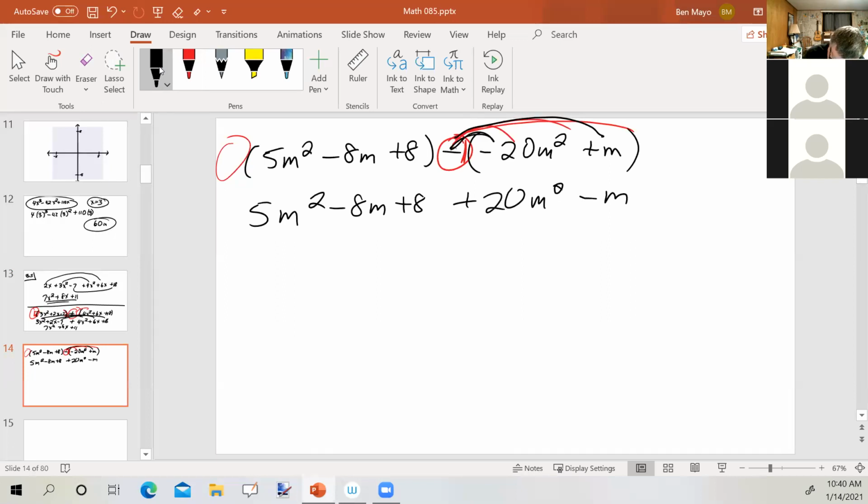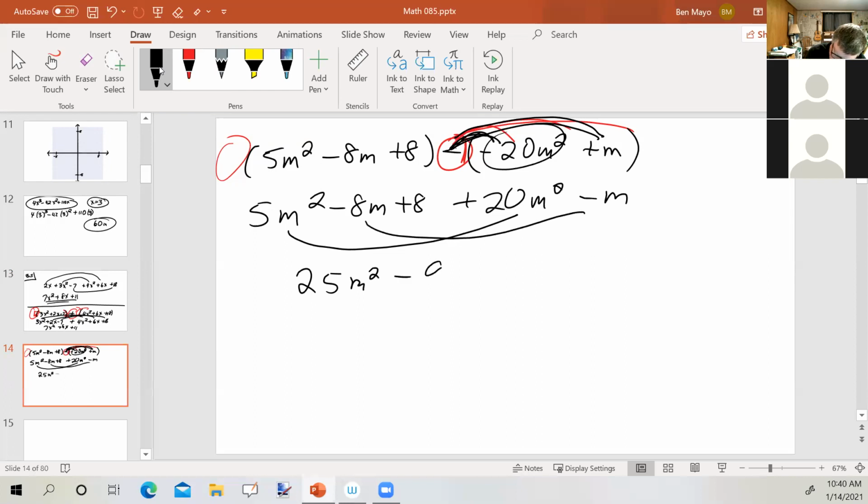So negative times negative makes it positive. Negative times positive makes it negative. Then combining like terms, 25m squared minus 9m plus 8. So that's where things are a little bit different. Any question on that?